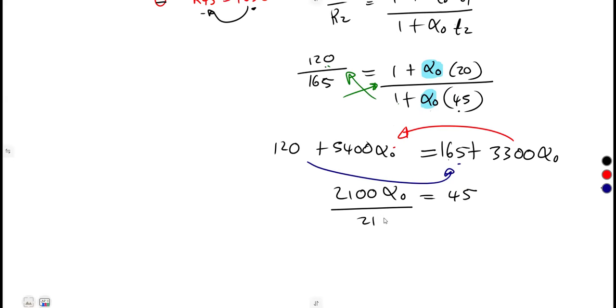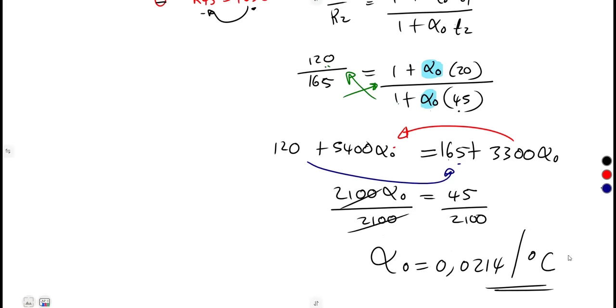So divide 45 by 2,100. That's it at 0 degrees. Our temperature coefficient of resistance was going to be 0.0214, something like that, per degree Celsius.